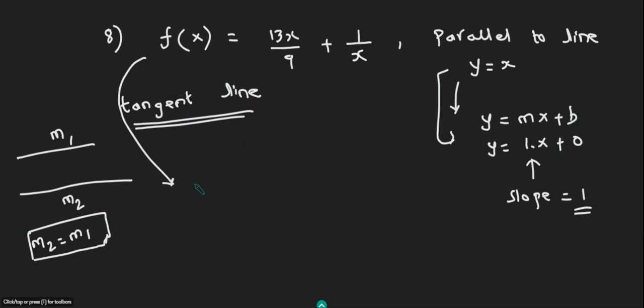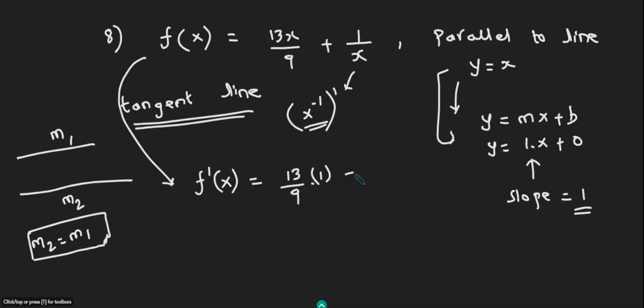So the slope of the curve is given by f prime of x, the derivative, and this equals 13/9 plus the derivative of 1/x. Let me rewrite this as x raised to the power of minus 1 and find its derivative.